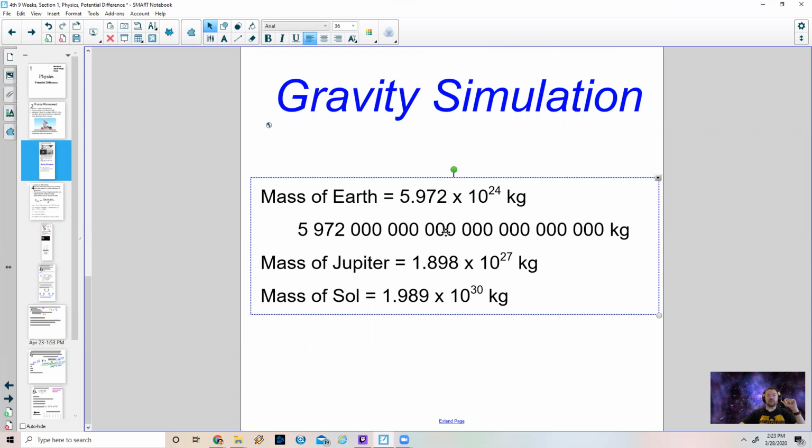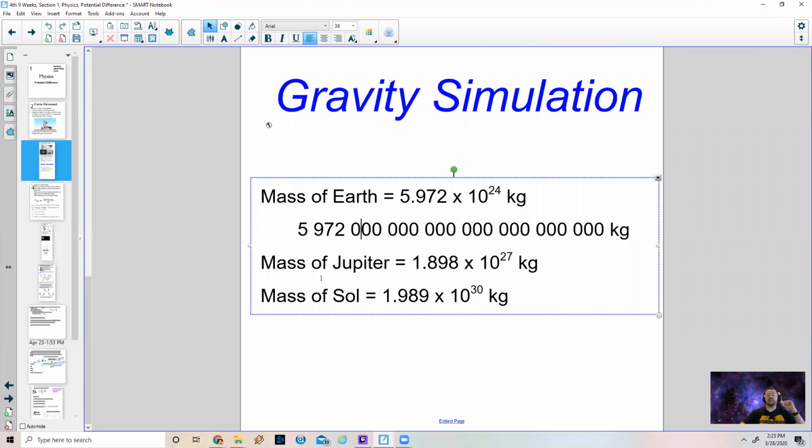So if you look at the mass of Earth, it is 5.972 times 10 to the 24th kilograms. But you take that out of scientific notation, that's 5.972 billion million kilograms. I think I'm saying that right. It's a whole bunch of kilograms. So the Earth is massive.